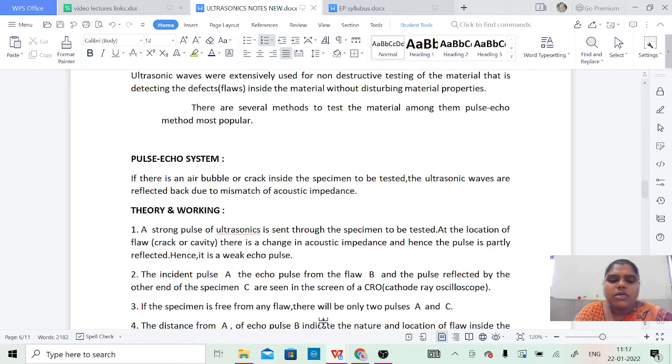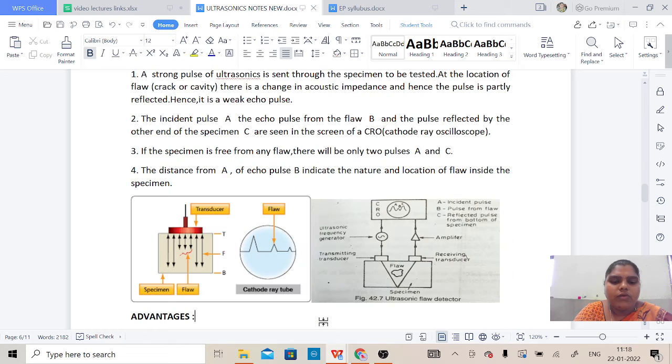So the incident pulse A, the echo pulse from the flaw B, and the pulse reflected by the other end of the specimen C are seen on the screen of a CRO, that is a cathode ray oscilloscope. So we are sending an incident pulse A. If there is a flaw, the reflected beam is B, and from the other end of the specimen it is C.